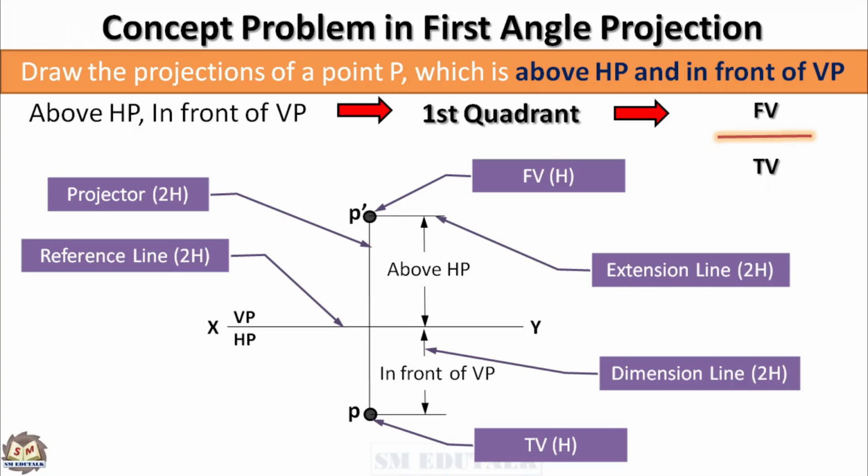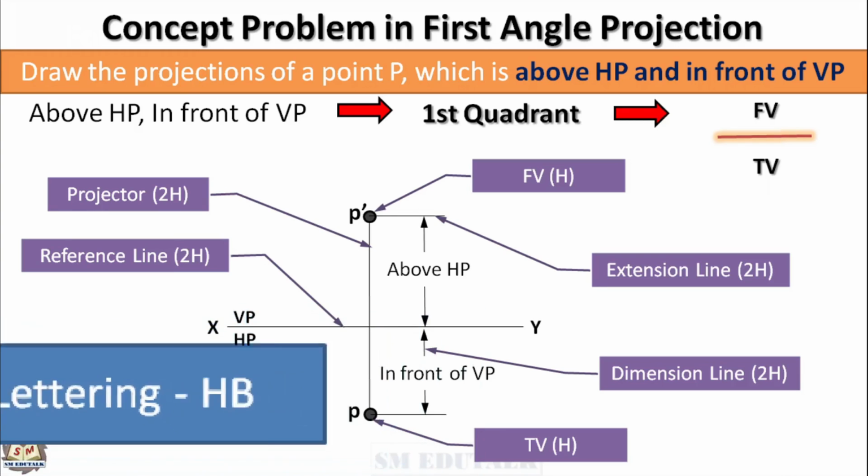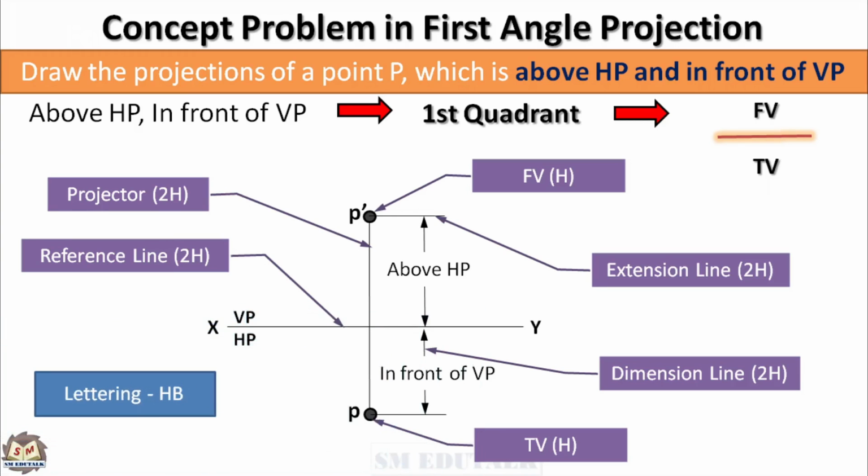There are many thin lines such as the reference line, dimension line, extension line, projector, etc. Among these lines, the reference line should be drawn slightly thicker than other thin lines. Other than lines, lettering should be done by an HB pencil.